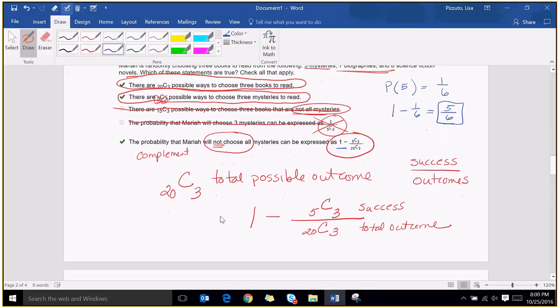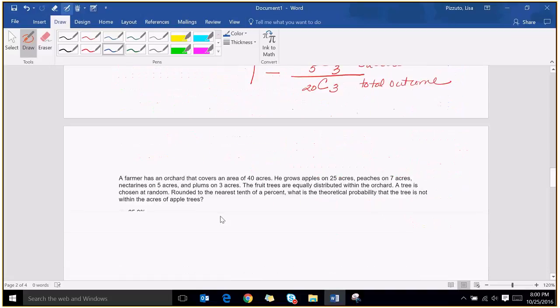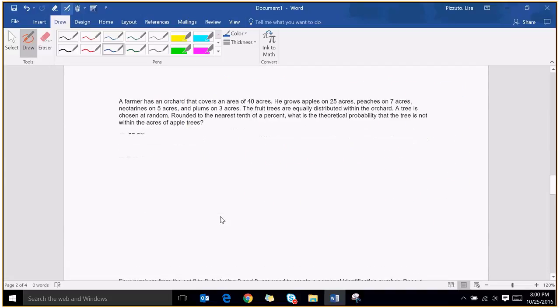Good? Yes. Okay. Next it says a farmer has an orchard that covers an area of 40 acres. This is areas, they're trying to get you to do probability with area.